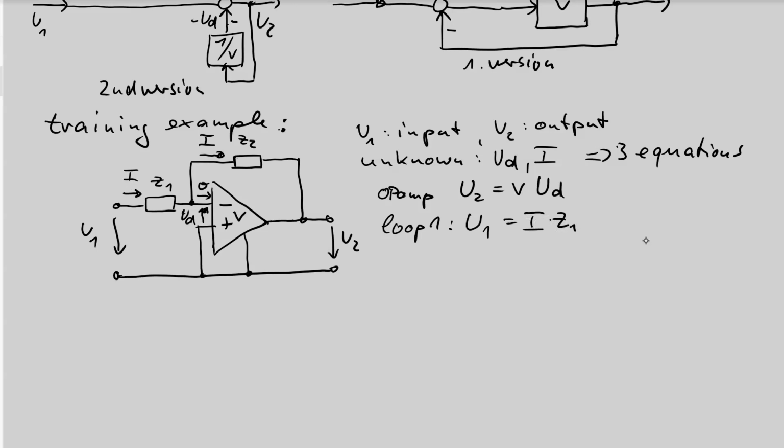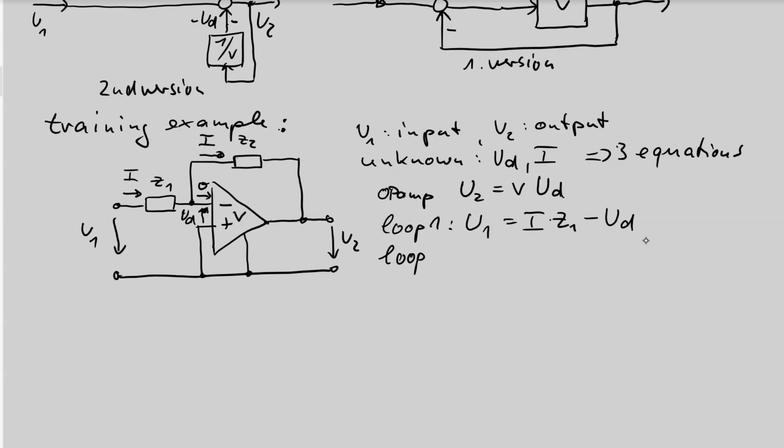Later we will see how we can work with this. If you're not familiar with this, it's easy to show how I want to do this. I times Z1 is the voltage over Z1, minus UD is 0, minus UD. So U1 is this voltage minus this voltage. That's loop number 1.